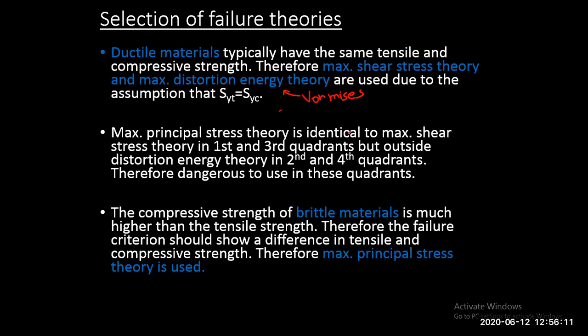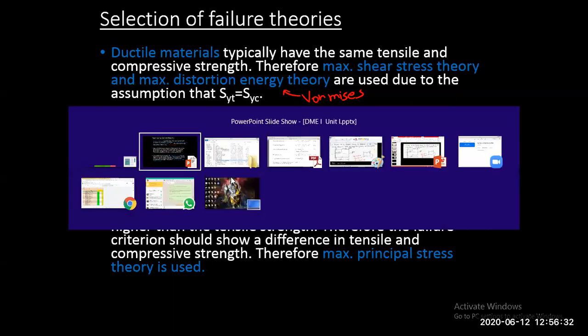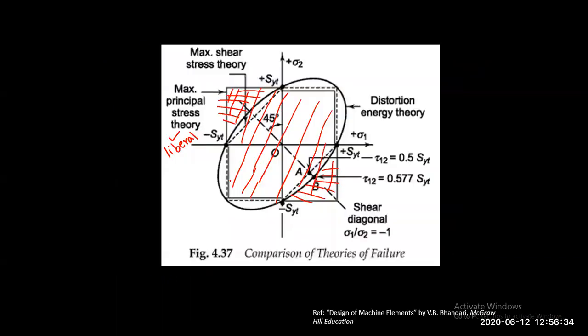Principal stress theory is identical to maximum stress theory in the first and third quadrants. This is what I told you. In the first and third quadrant there is this similarity, but in the second and fourth it is not similar because it is exceeding. Therefore it is dangerous to assume that theory of failure, so you only use it when you are very liberal. Go back.